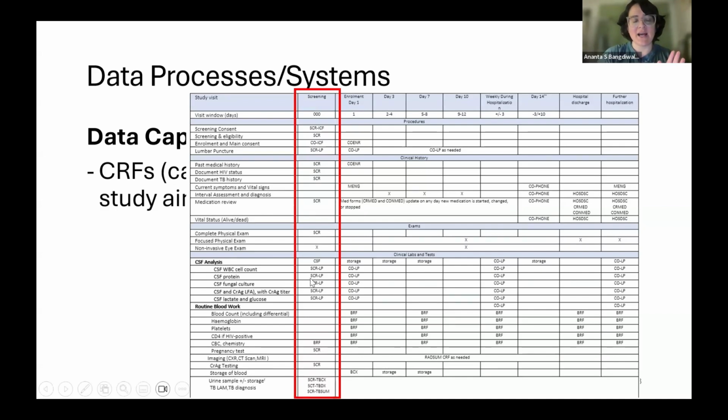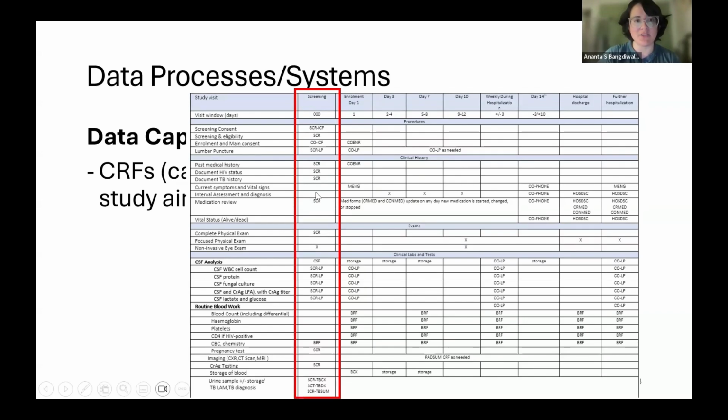If you're collecting data on your cerebrospinal fluid that comes from a lumbar puncture, maybe you have a specific form just for those data. If you're collecting blood work, maybe you have a form just for blood work. Your informed consent, documenting that you got informed consent, might go on its own form. But you can see here that for this trial, we were left over with a bunch of things.